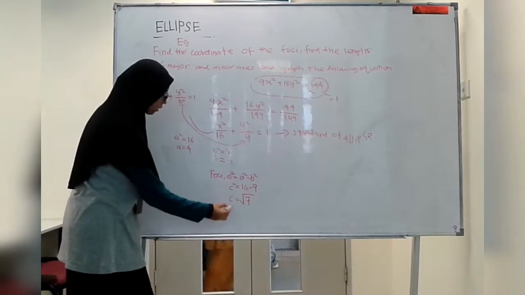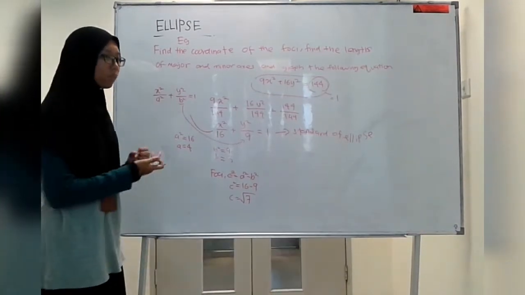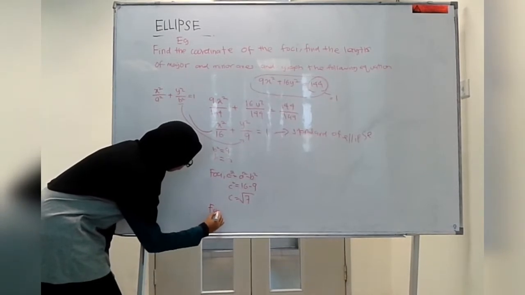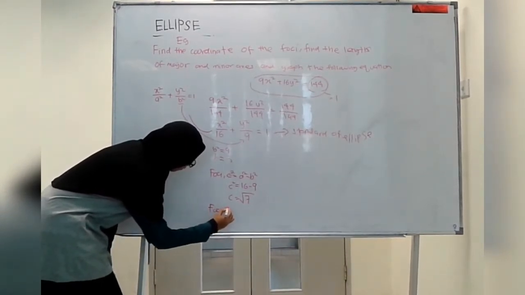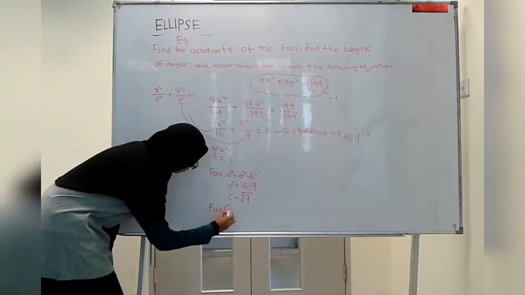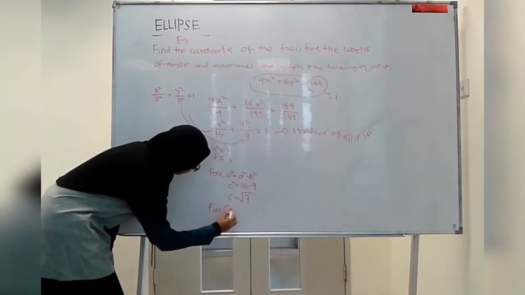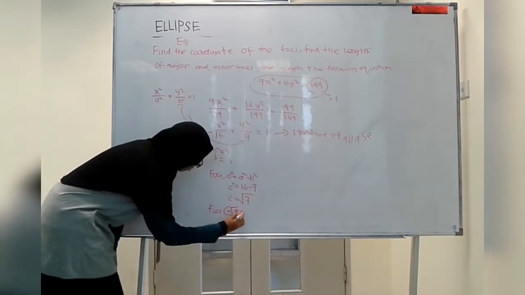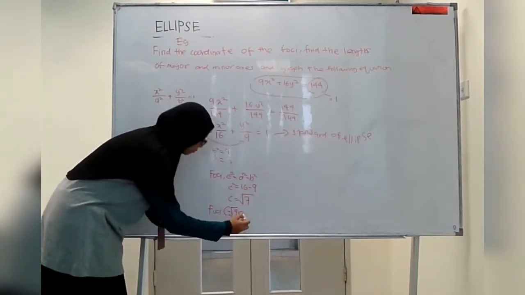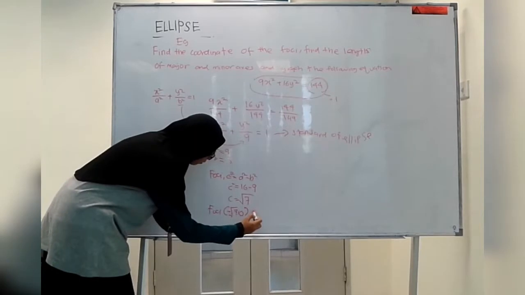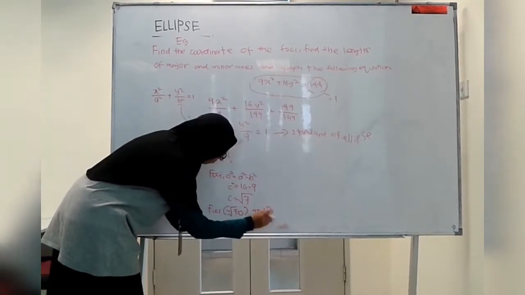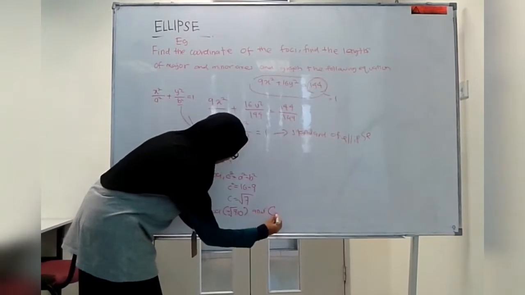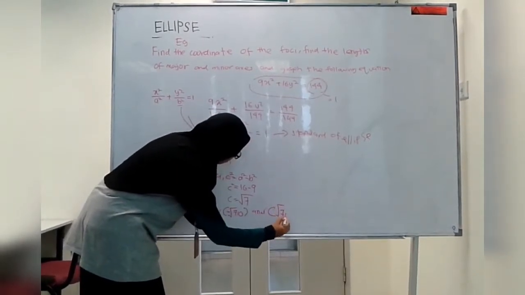So the foci length is square root of 7. So the coordinates of the foci are negative square root of 7, 0, and square root of 7, 0.